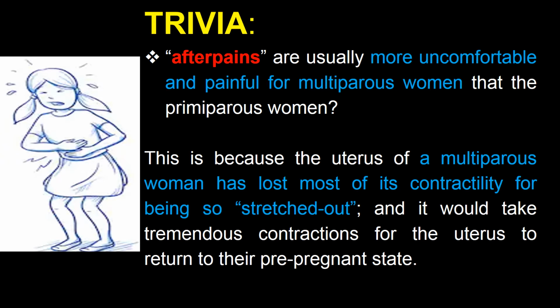It is because the uterus of the multiparous women, since marami na silang anak, has already lost most of its contractility for being so stretched out. Masyado na kasi siyang na-stretch, and it would take a tremendous amount of effort on the part of the uterus of the mother to contract and to help it involute to its original pre-pregnant state.